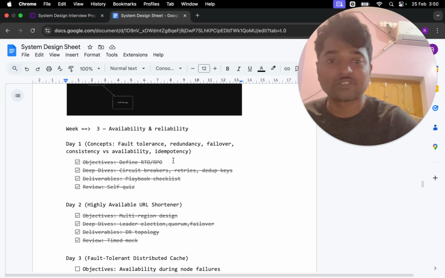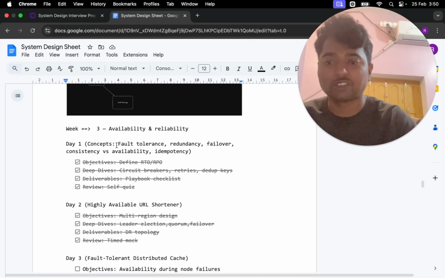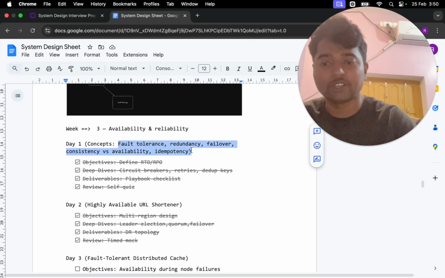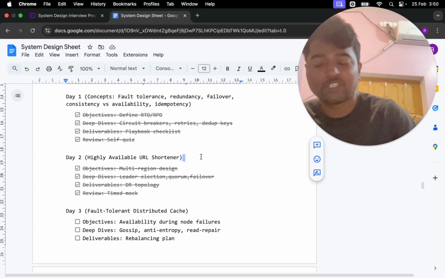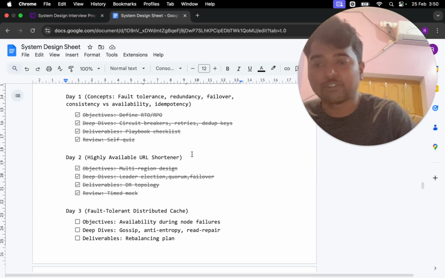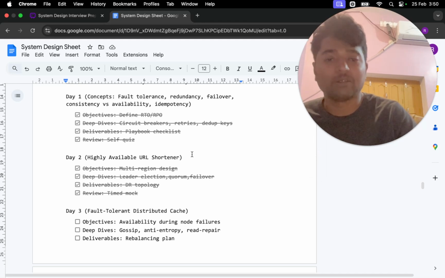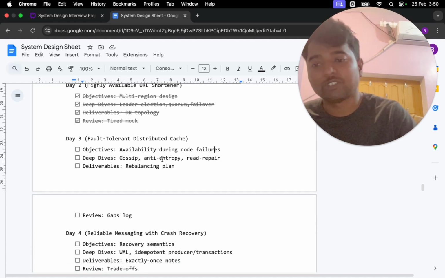So for this also there are a lot of design decisions that go on, and for that these are the topics which I had to cover as concepts, and based on this there are problems which help to understand the concepts better. Like the first problem is a highly available URL shortener, and the second problem is a fault tolerant distributed cache.